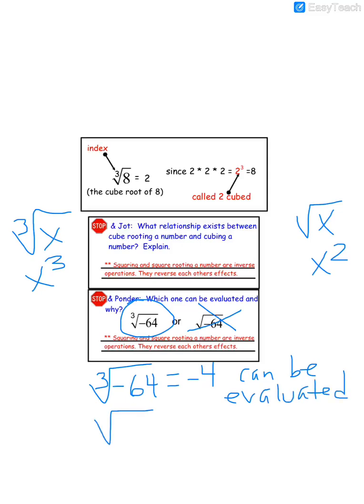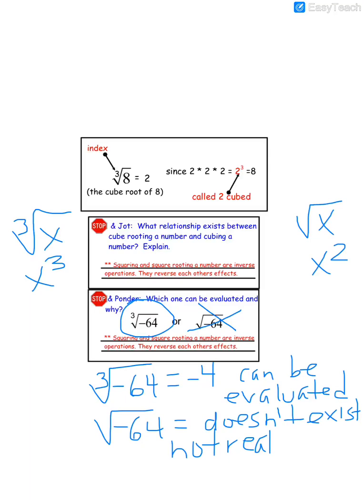The square root of negative 64 doesn't exist, because it's not real.